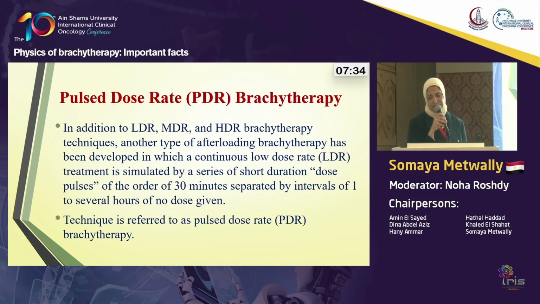It is a continuous low dose rate treatment, simulated by a series of short duration dose pulses of the order of 30 minutes, separated by intervals of 1 to several hours of no dose given. This is a technique to give pulsed dose rate, but actually there is now a machine that makes this automatically. This technique is referred to as pulsed dose rate brachytherapy.